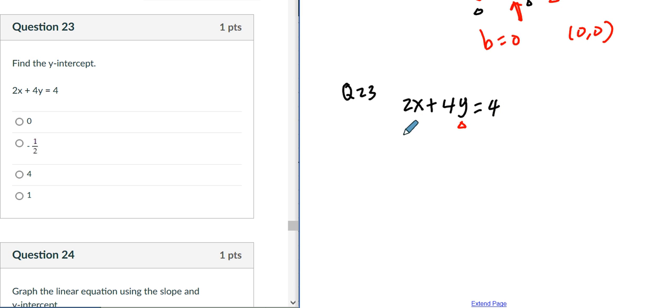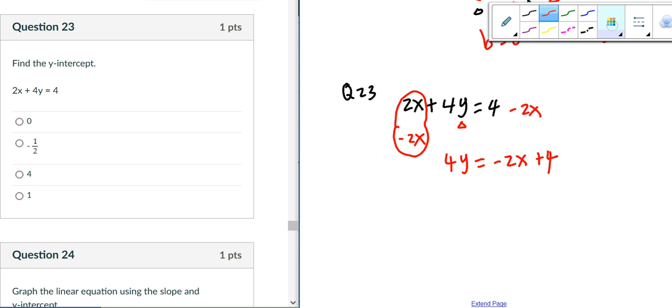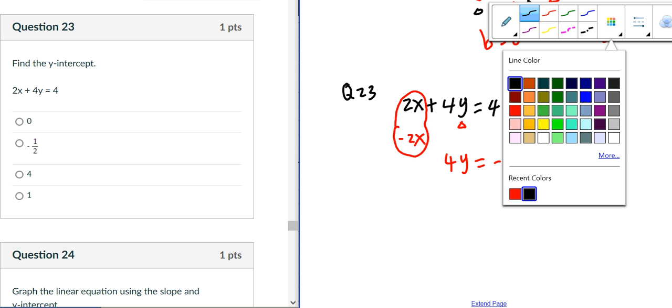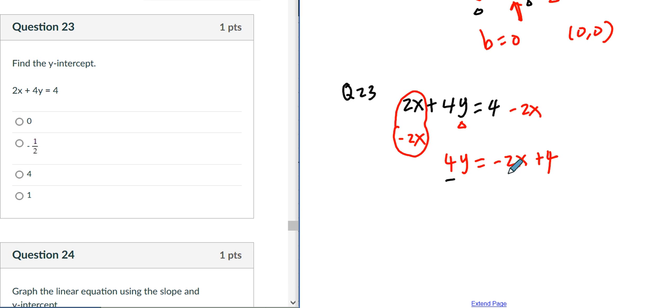Again, to isolate y, take everything to the right-hand side except y. Subtract 2x. Cancel positive, negative. So you have 4y equals negative 2x plus 4. And then we keep working on that. Divide by 4 everywhere.